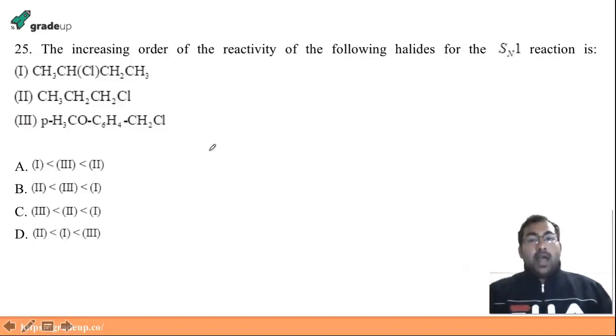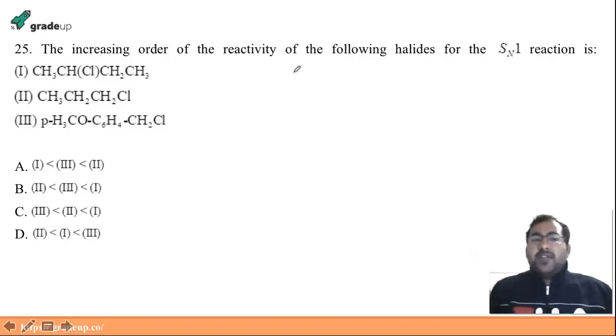So in order to have a favorable SN1 reaction, when the leaving group leaves, you have to have a stable carbocation. So let's see which of these compounds can give me a stable carbocation. So here you have CH3 and then CH, and then you have a Cl here, then another carbon CH2, and you have a CH3.